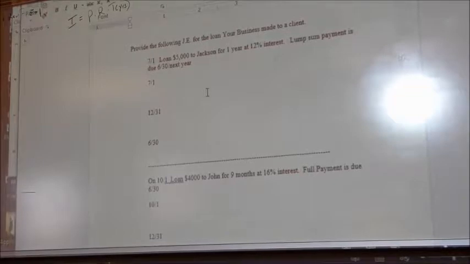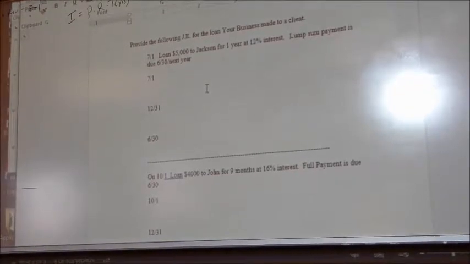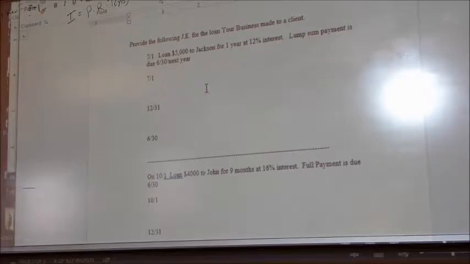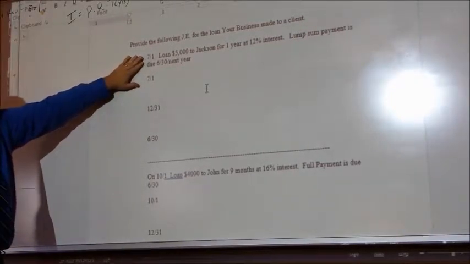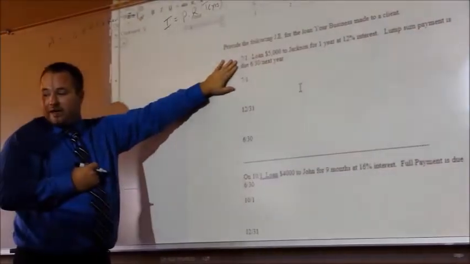The first entry should be pretty easy. Remember, I'm making the loan to somebody else. What am I getting from that customer if I provide them a loan?